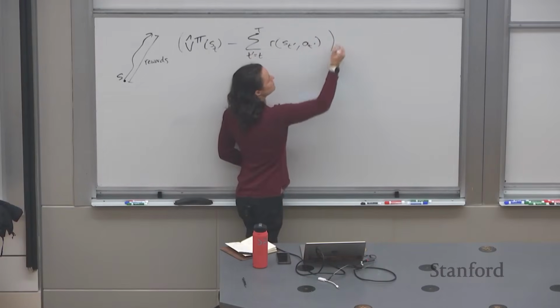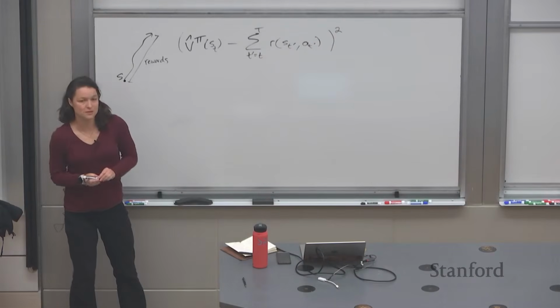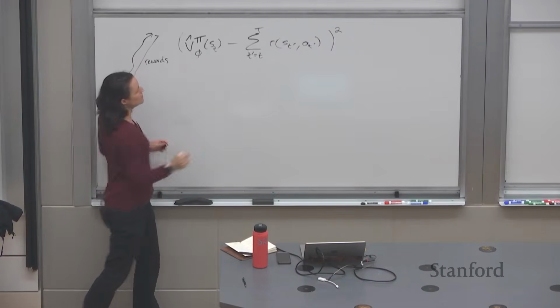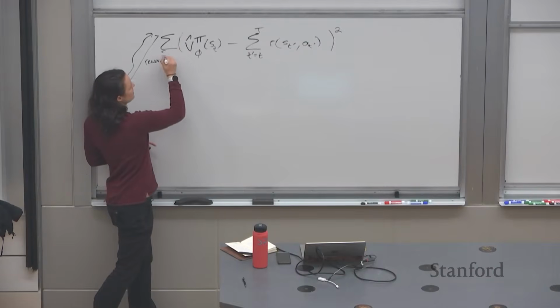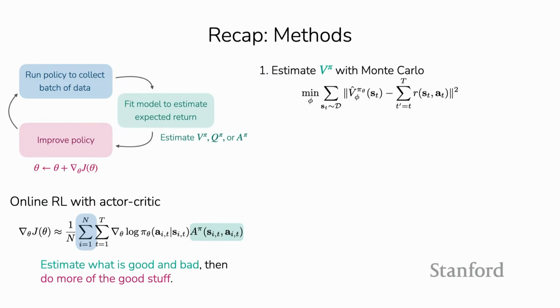And then your objective for your value function would look something like this, where you're trying to minimize this over the states and actions in your data set. So that was the first, simplest way that we saw to estimate a value function.